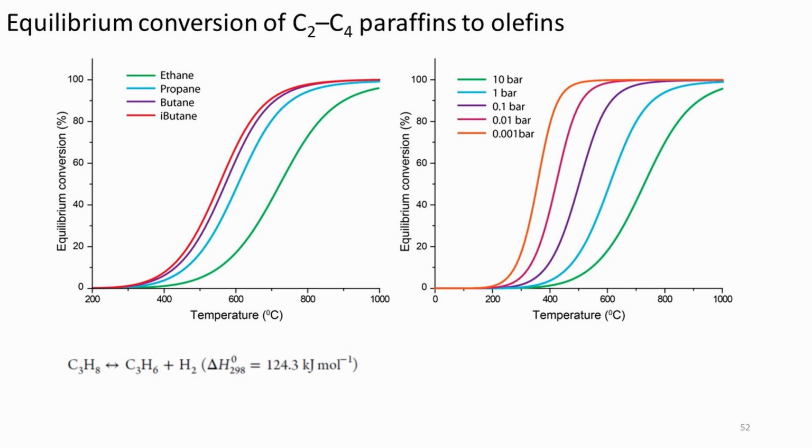The pressure dependence is also shown in the figure. Lower pressure clearly results in higher olefin yield at a given temperature. The C-H bonds in paraffins and olefins are considerably more reactive than C-C bonds, meaning that catalysts that favor C-H bond over C-C bond cleavage are required to avoid side reactions.